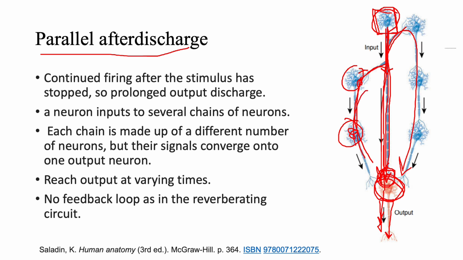In another 1 millisecond, the same signal will reach, so another action potential. Then at 3 milliseconds, this one. So we are outside the refractory period, but we can fire this sequence of action potentials from this neuron. So we are prolonging the discharge, or the signal coming from this pathway.